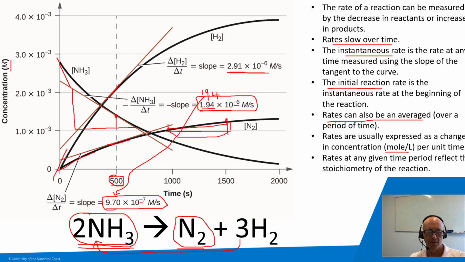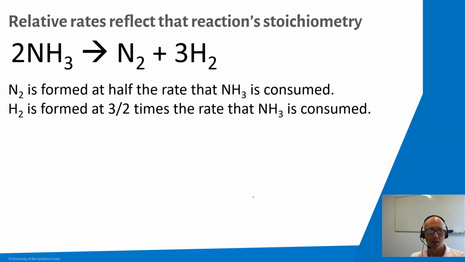So in other words, if this is decomposing, this has got to be produced at half the rate because the stoichiometric ratio is 2:1, and this one here would be produced at 3:2 times the rate because the stoichiometric ratio is 2:3, or 1.5 times. Okay, so again, relative rates reflect that reaction stoichiometry. There's just a little summary for you. It's basically what I've just said.